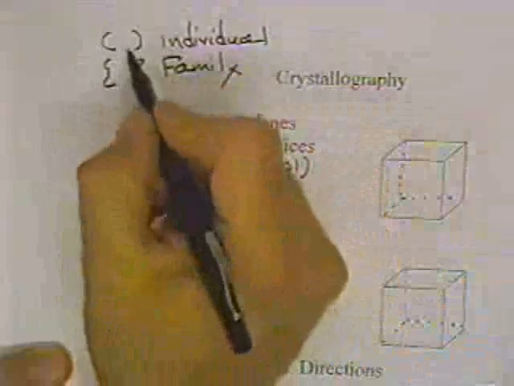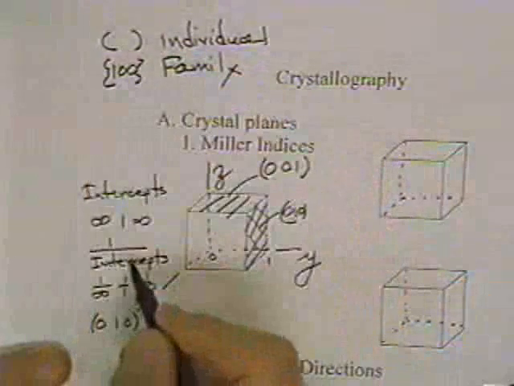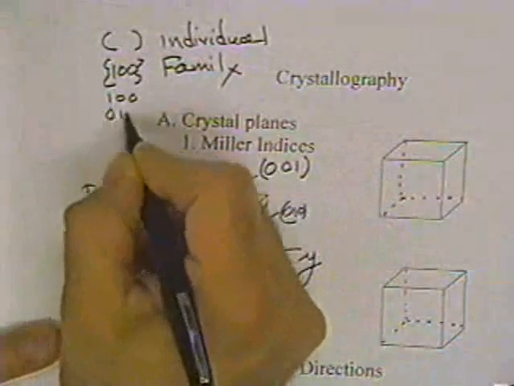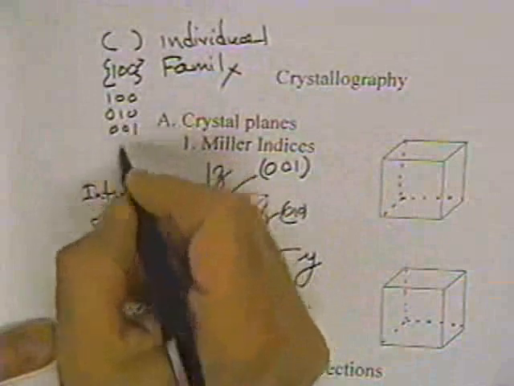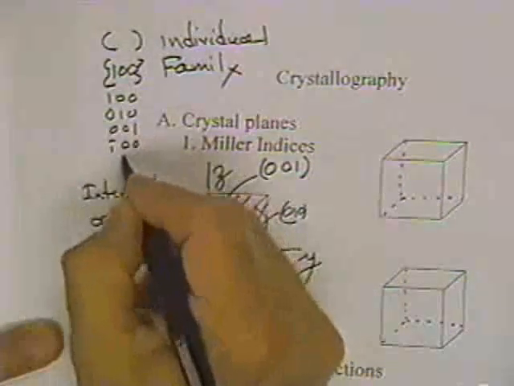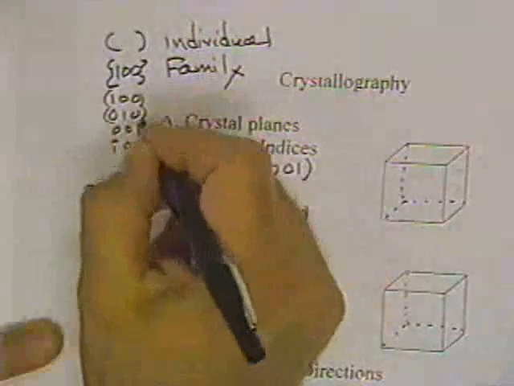And if you had a family of {1 0 0} planes, that would include the (1 0 0), the (0 1 0), (0 0 1), (0 0 1 bar), which would be in the negative direction, etc. So it would include all those individual planes.